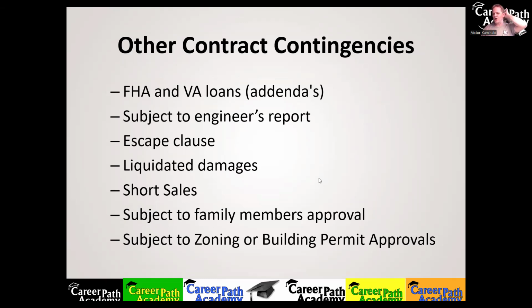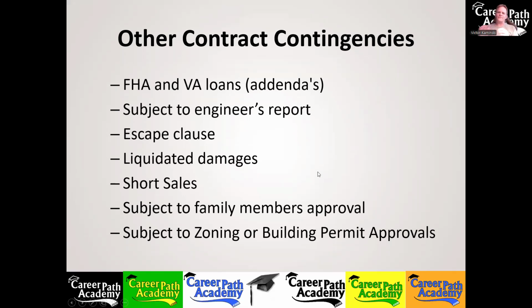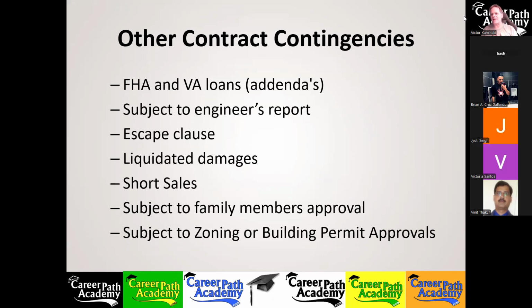An escape clause is if a buyer makes an offer on your property, you have a listing, you're selling your property, but they say, hey, listen, I have a house I need to sell first. So I'm going to make this purchase offer on your property subject to the sale of my current home. Because I can't go through with your purchase until I sell mine. I can't make the mortgage payment on two houses.